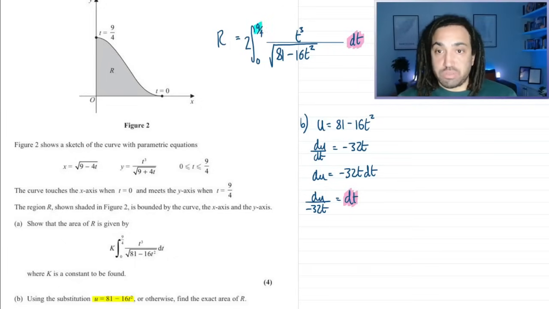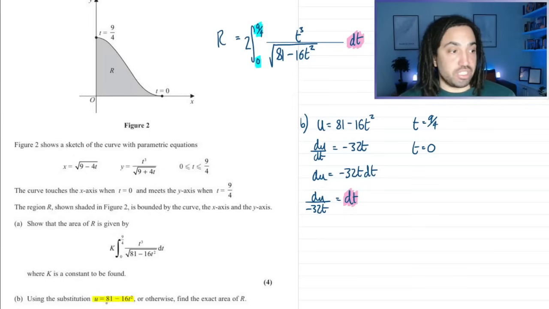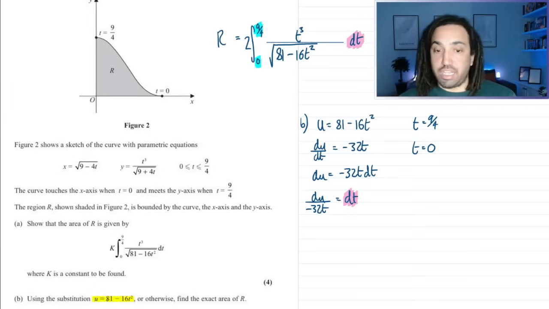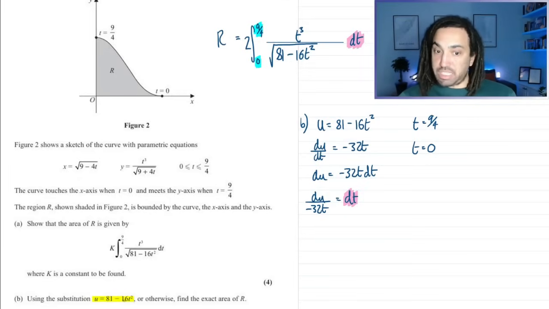Next, we want to take care of our limits. So we have that t is equal to 9 over 4 and t is equal to 0. So subbing that into this substitution here, 9 over 4 squared is 81 over 16 times by 16 is just 81. So 81 minus 81 is 0.